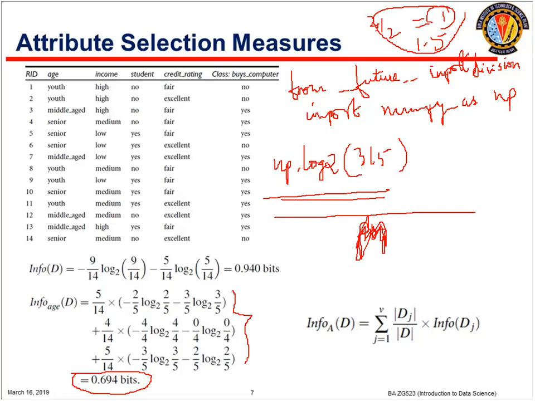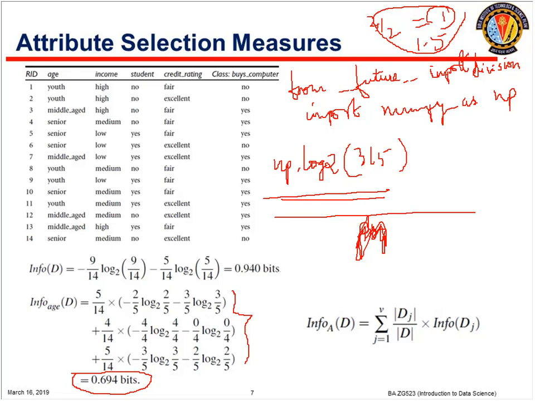Then you will do the same thing for income, for student, and for credit rating. So you do this for all the attributes. Of course, in reality you don't have to do this, but you should know. The computer, or the decision tree API, will do these things for you, but this is the way in which they do it.